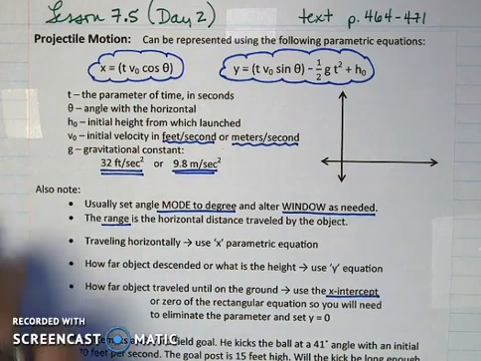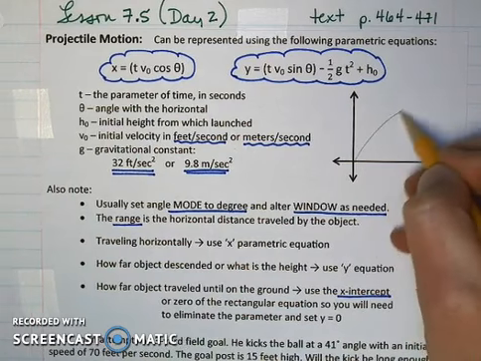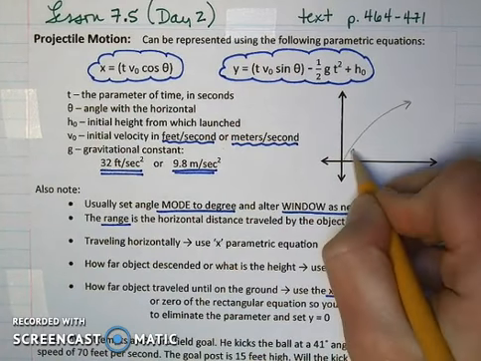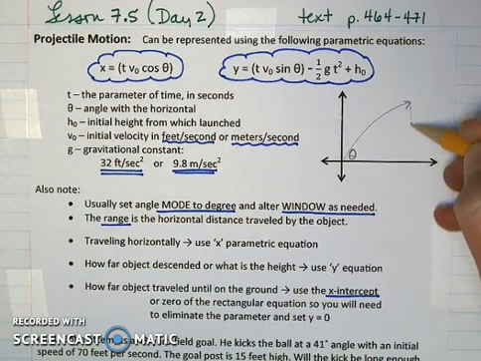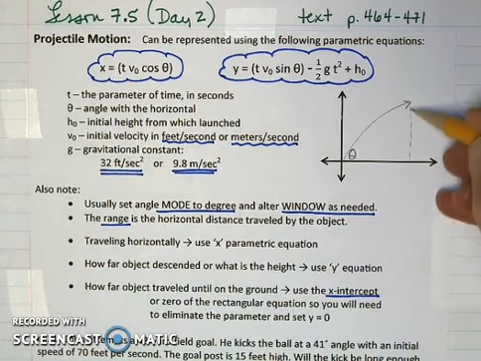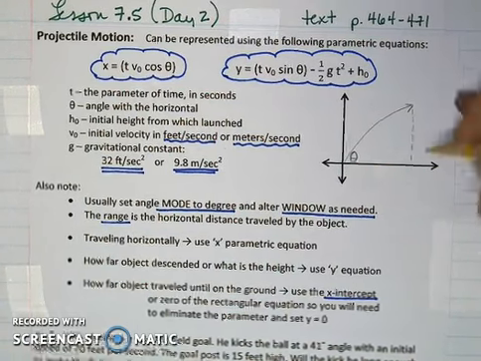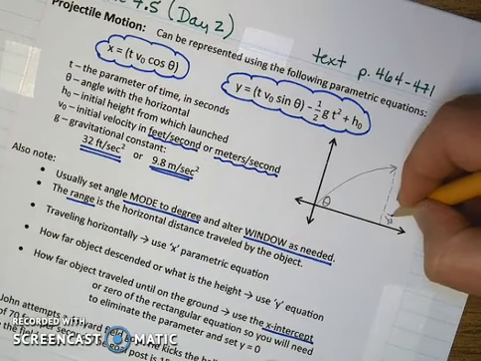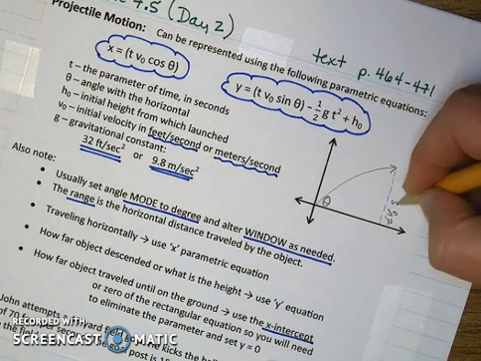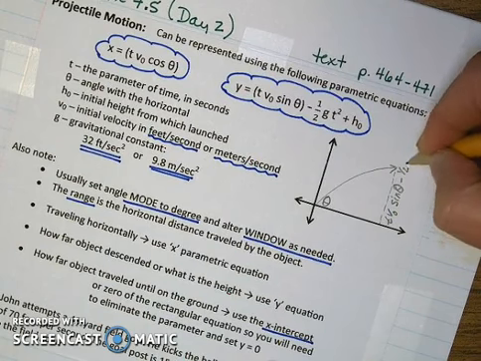Okay? So to get a visual, if you have something that's been launched here, and you would call that your theta. This value right here, that would be how high it was, the y. So I'm going to turn my paper and write that equation. This would be the t times the velocity sine theta minus the gravitational constant.